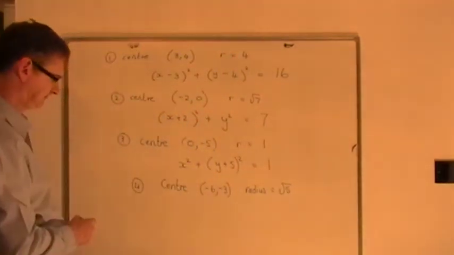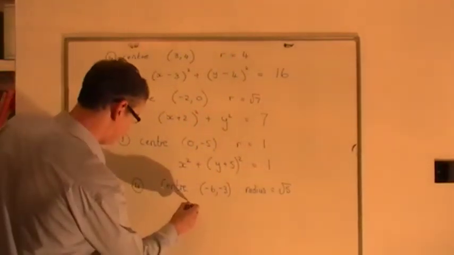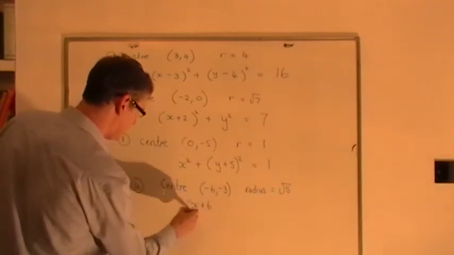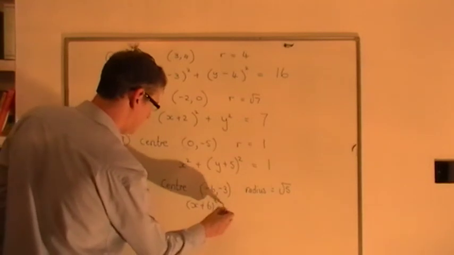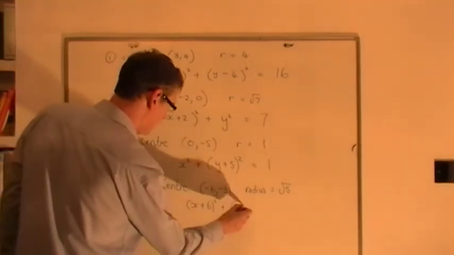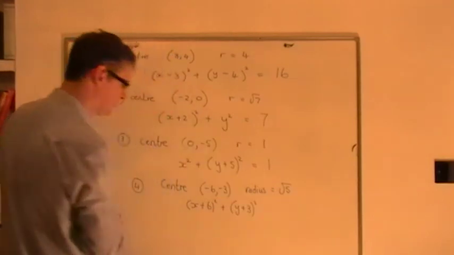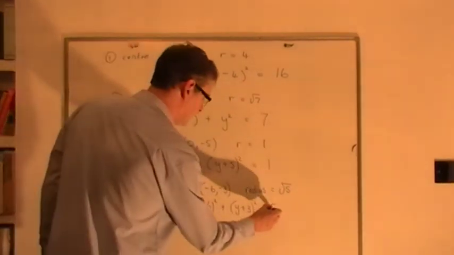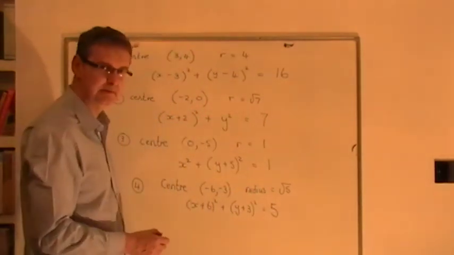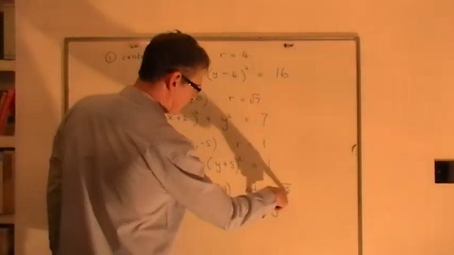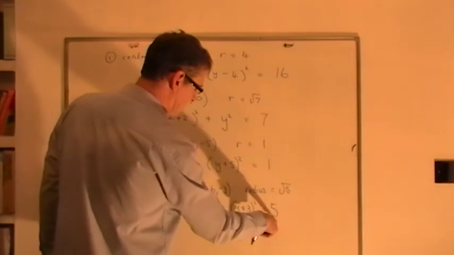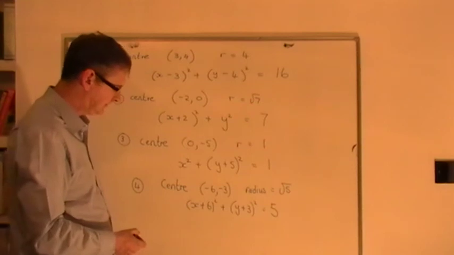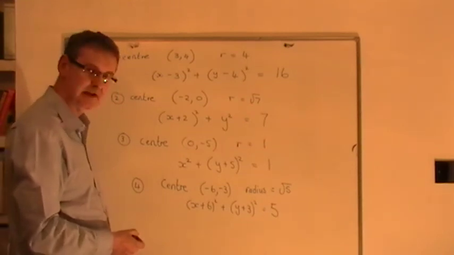Then I would suggest to you that the equation of the circle will be x, if that's minus 6, it'll be plus 6 squared, plus, and if that's a minus 3, it'll be (y plus 3) squared, equals, and if the radius is root 5, you're going to have to ignore the ding-dongs, it's my clock, the radius squared will be that squared, which is 5. So there you go. There's the equation of this particular circle. Well, that's the end of this video.